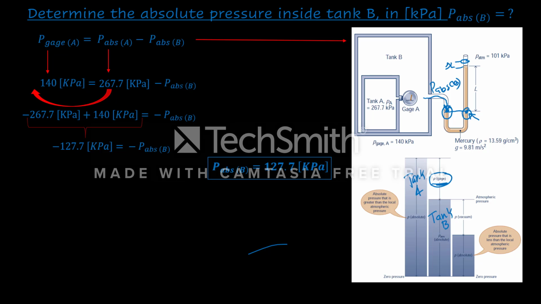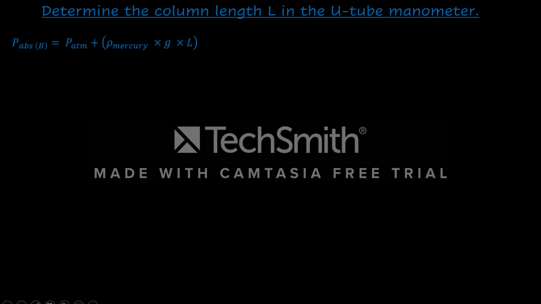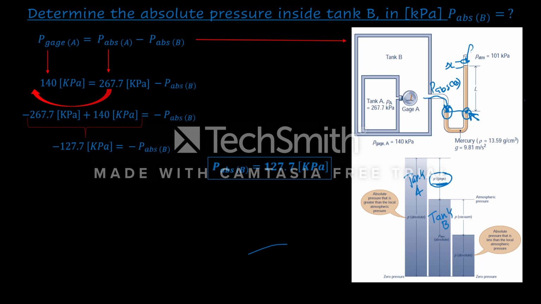So to find the pressure on this side, we need to add the atmospheric pressure, which is exerting pressure on the mercury fluid, and the mercury fluid is exerting pressure on this point, using the pressure equation rho g L.